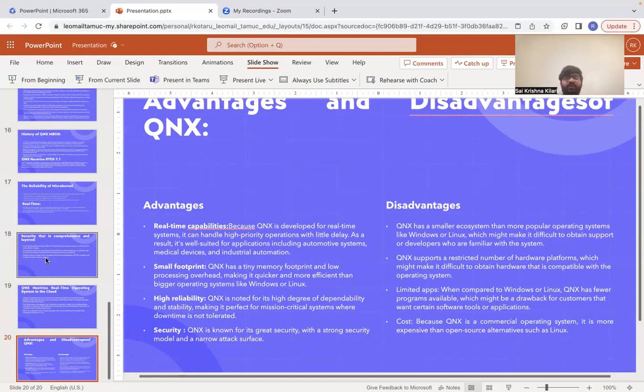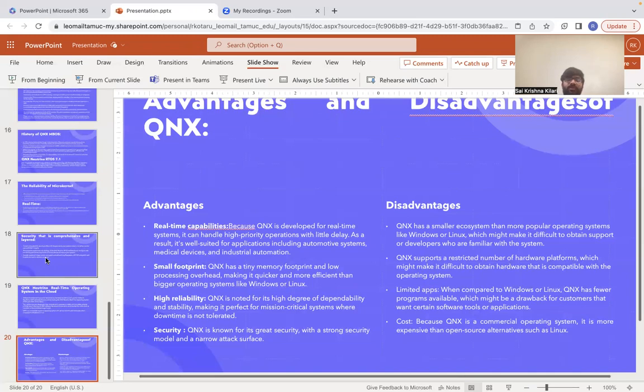Small footprint: QNX has a tiny memory footprint and low processing overhead, making it quicker and more efficient than bigger operating systems like Windows or Linux. High reliability: QNX is noted for its high degree of dependability and stability, making it perfect for mission-critical systems where downtime is not tolerated.